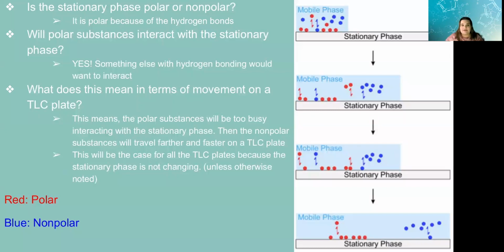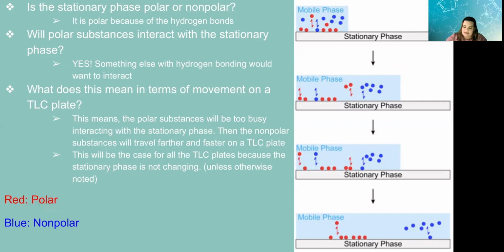So this is just a nice summary slide of everything we just went over. This means polar substances are too busy, so non-polar substances travel further down the plate. And polar substances won't go as far. Okay, and those are substances, not liquids. In this case, red represents polar compounds, blue represents non-polar compounds.